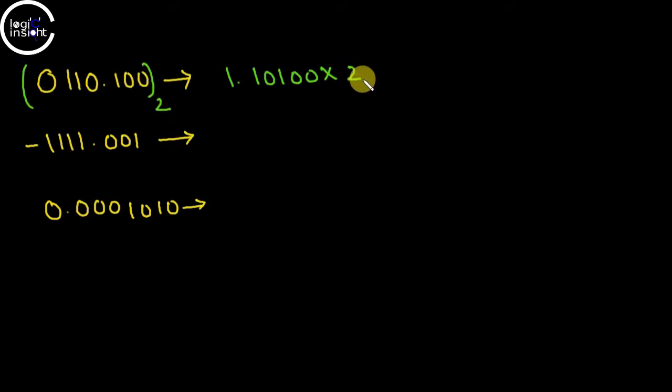Then 1.111001 into 2 power 3. Since the exponent is negative here, I put a minus. And here we can write 1.010 into 2 power minus 4.